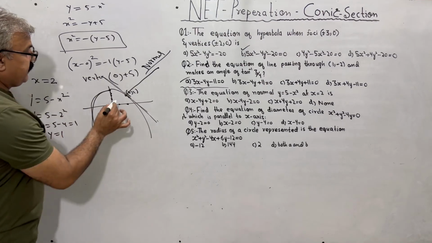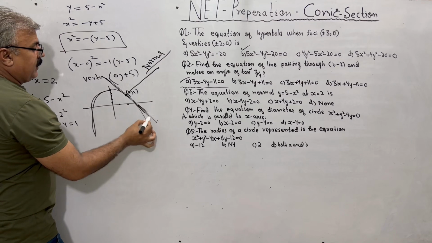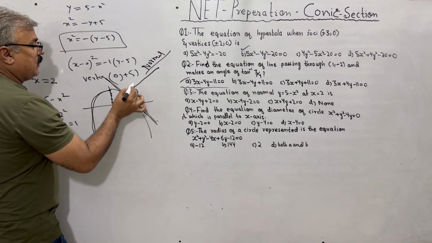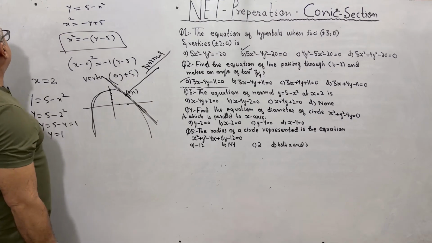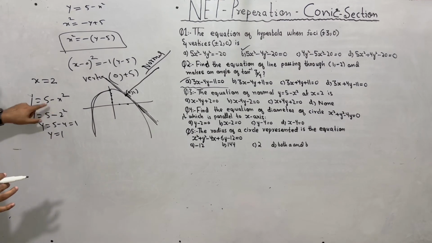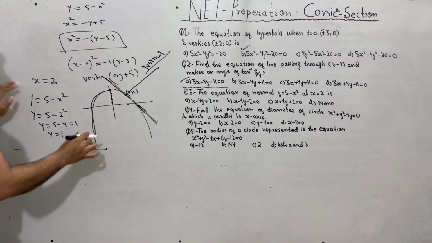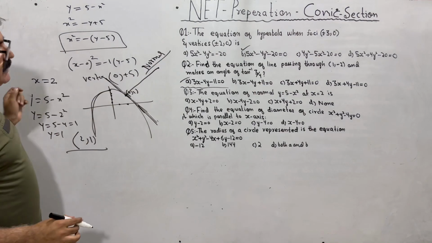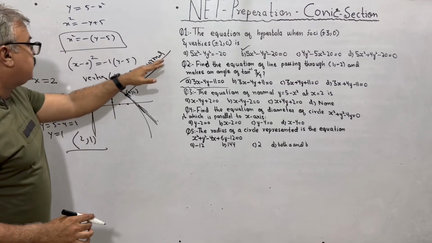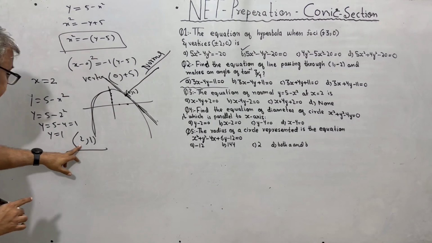Tangent and normal meet at the point of contact, and obviously they are perpendicular to each other. Now we have the point, x is 2, y is 1. Tangent is a line, normal is also a line. To write the equation of a straight line, we need a point and a gradient.